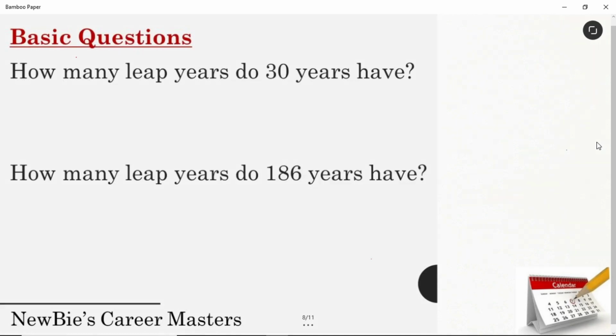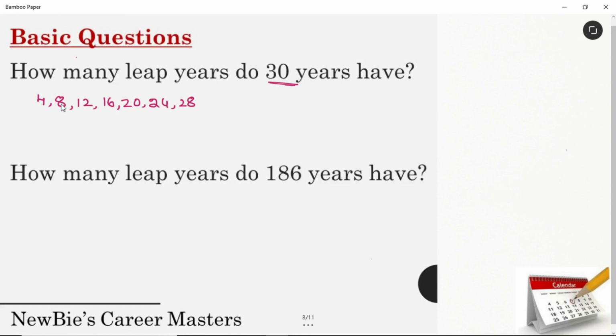How many leap years do 30 years have? Very basic question. See, the 4th year is a leap year, 8th year is a leap year, 12th year, 16th year, 20th year, 24th year, and 28th. We can't move further because the limit is 30 years.